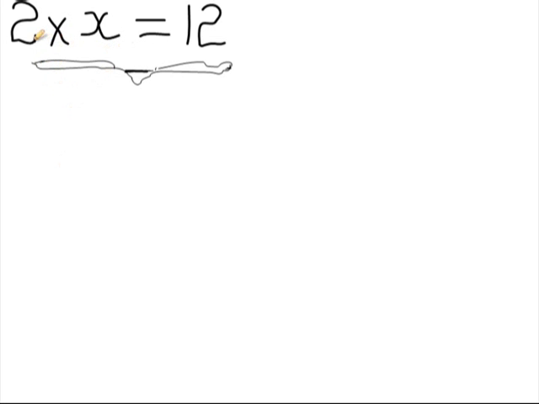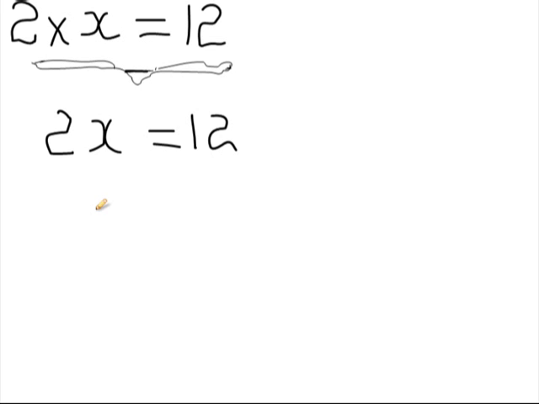normally 2 times x can be written like this, 2x. Most of the time it is written like this, 2x equals 12. We don't really need to put the multiplication sign. We know it's 6, since 2 times 6 equals 12.